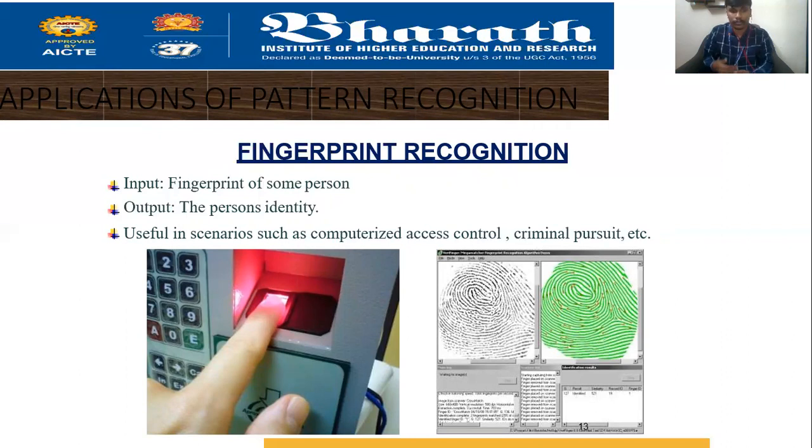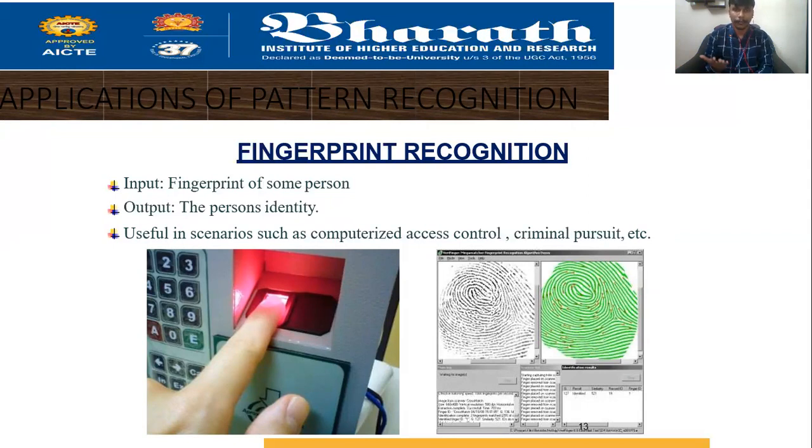Usefulness in this scenario is that it is used for computer access control, criminal pursuit, etc. And it is easier, simpler, and more secure when compared with other recognition processes. So every module nowadays, in every electronic gadget like mobiles, tabs, laptops, everything is composed with this fingerprint recognition.